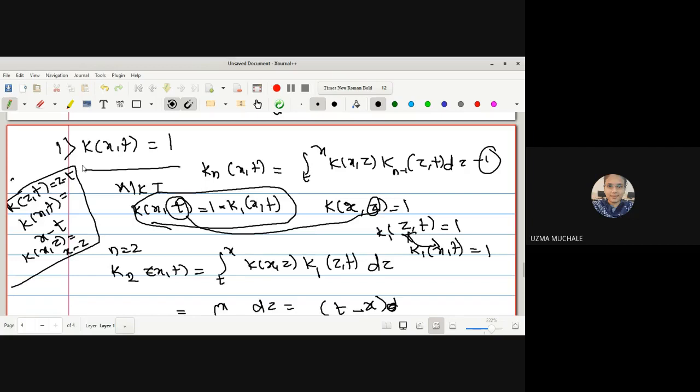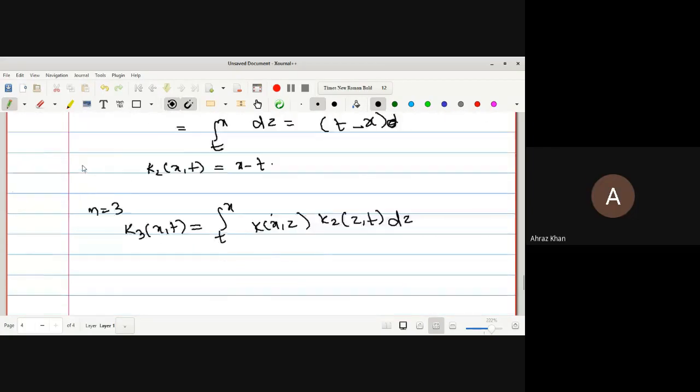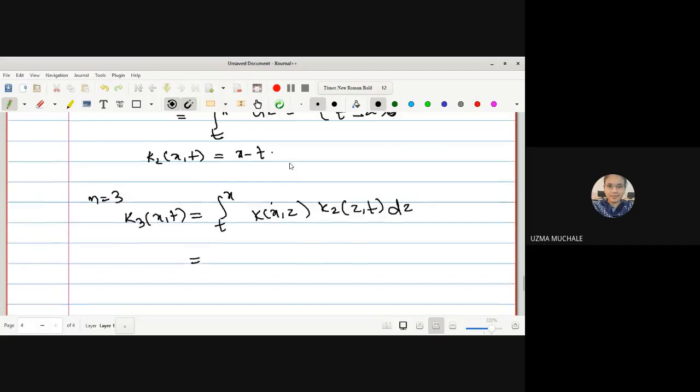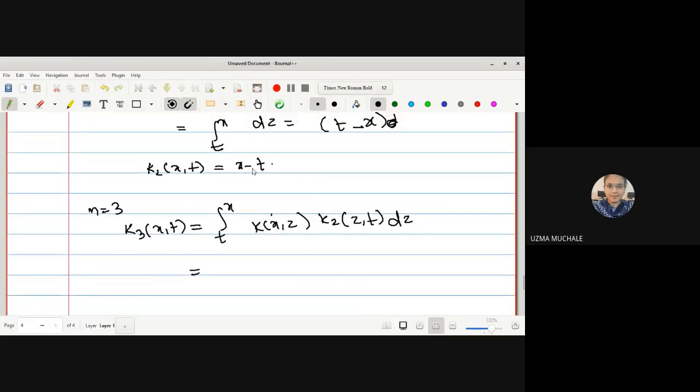Okay. Now let me write this down. k2 is x minus t, but here we have to write k2 of zt. With the help of this, k2 of zt is equal to, instead of x, we write z: z minus t.